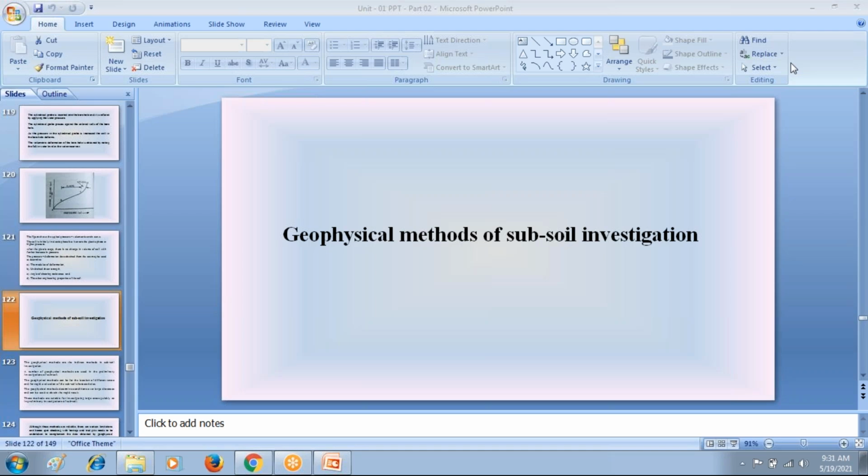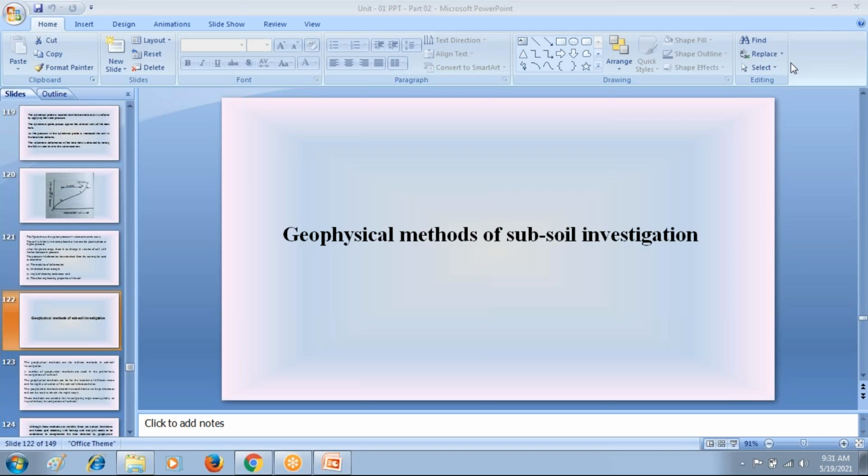These tests are conducted in the field at the time of subsoil investigation to study the properties of soil below the ground level. And I explained that we conduct these in situ tests either on the ground level or at the bottom of the borehole.